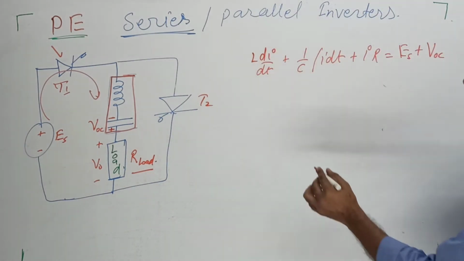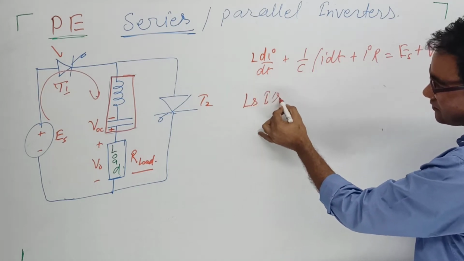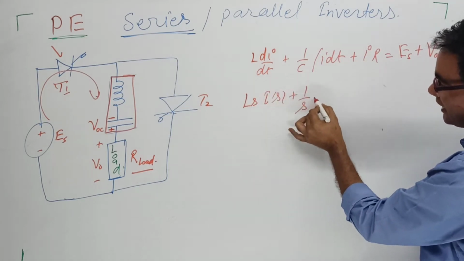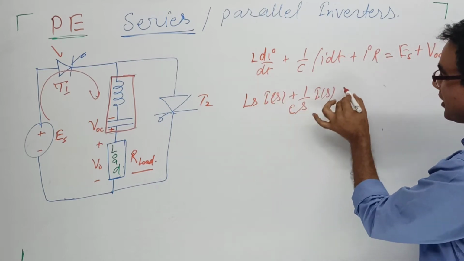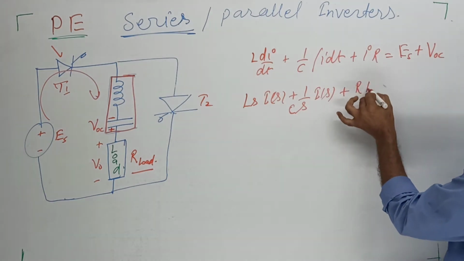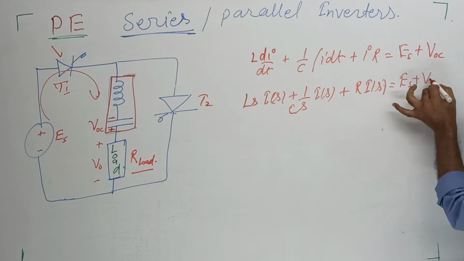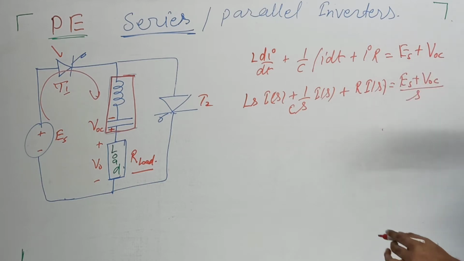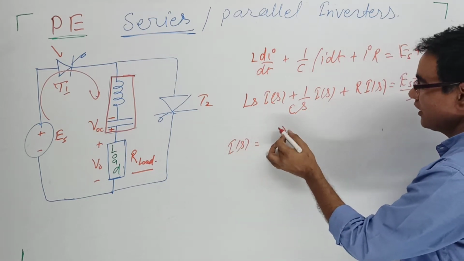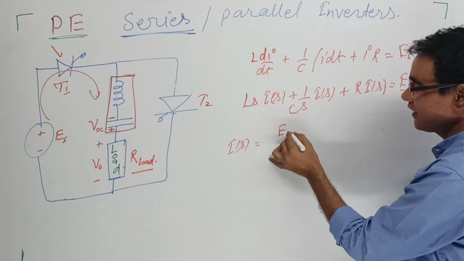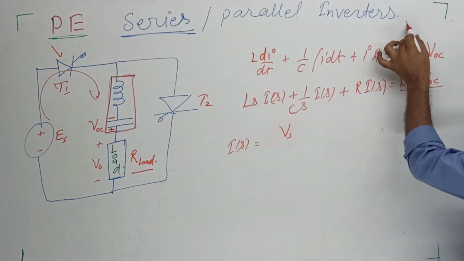So this equation can be simplified like Ls Is plus 1 upon Cs Is plus R Is is equal to Es plus Vc naught divided by s. So Is we are taking as the common factor. So Is is equal to Es, which can be written as Vs also.